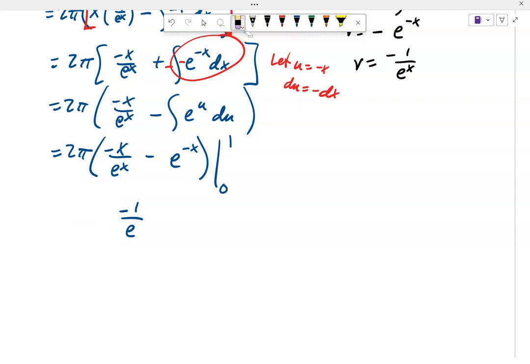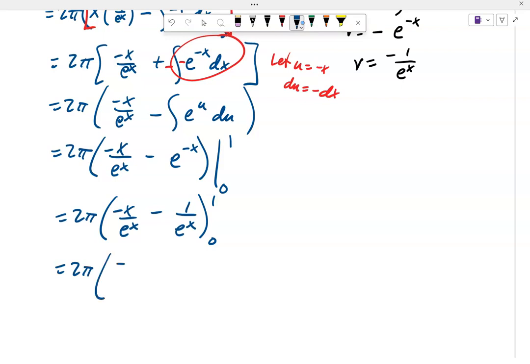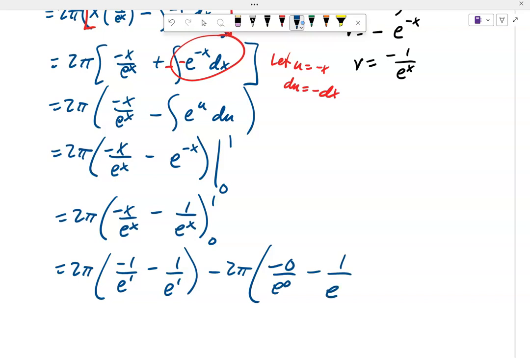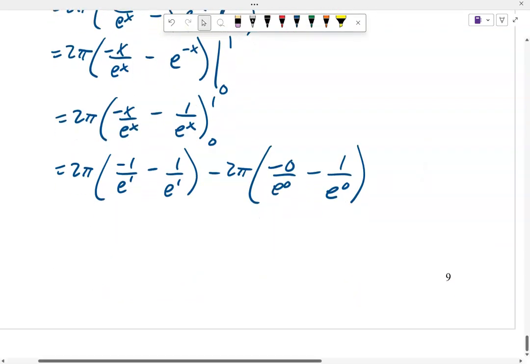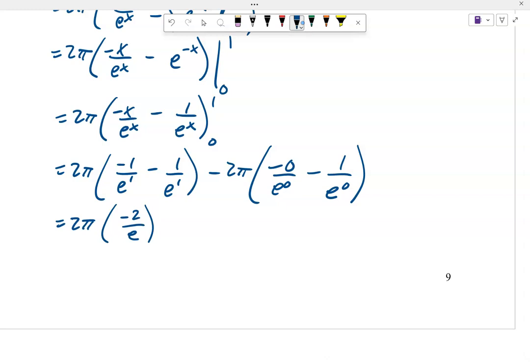So we've got negative 1 over e minus 1 over e. I've got negative 2 over e.